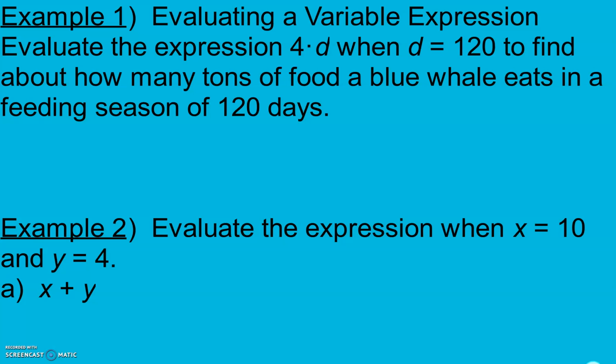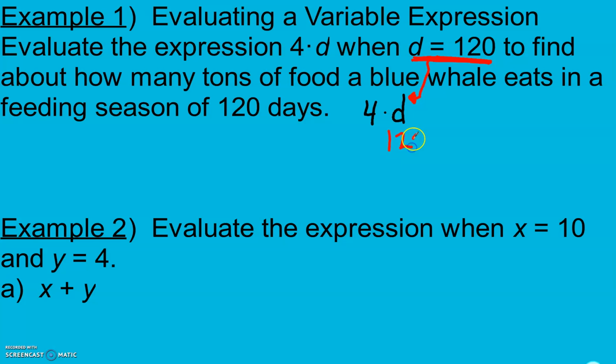In example 1, it wants us to evaluate the variable expression. Evaluate the expression 4 times d when d equals 120 to find out how many tons of food a blue whale eats in a feeding season of 120 days. So here I'm going to take my expression, 4 times d. I'm also going to take the fact that d equals 120, and I'm going to substitute 120 in for d.